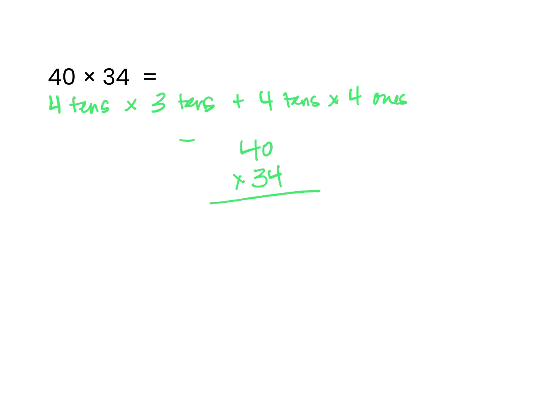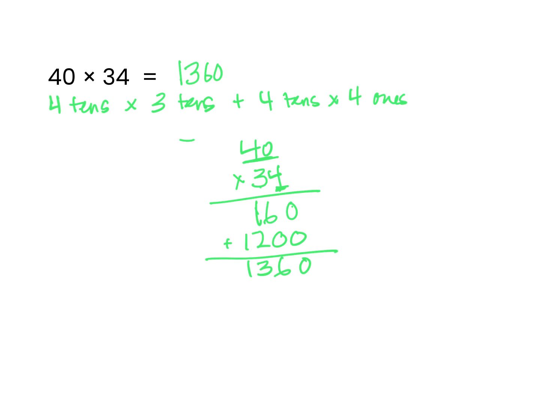And we're going to start by multiplying here the 4 ones. So 4 tens times 4 ones, well, 4 times 4 is 16 tens. And then we're going to do our 4 tens times 3 tens. Well, 4 tens times 3 tens, we know that's going to be hundreds, and 4 times 3 is 12. We're going to add those two together, and we have our answer, 1,360.